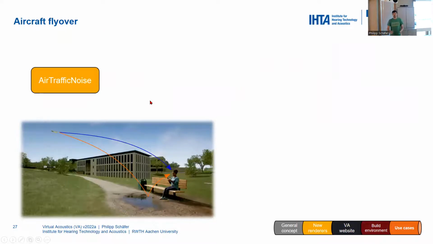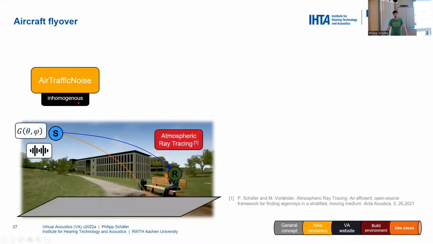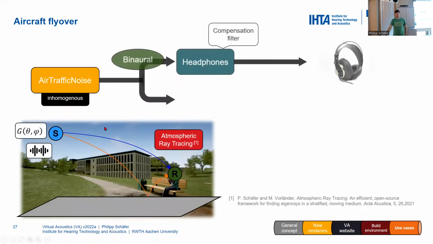Another example are aircraft flyovers. So we already saw this picture down here. There's this air traffic noise renderer, and this considers an inhomogeneous medium. So it uses the atmospheric ray tracing simulation framework to simulate curved sound paths, as shown here, and it considers the direct and ground reflection. So a direct sound and a ground reflection, and yeah, we can obviously use this to simulate or to auralize aircraft flyovers.